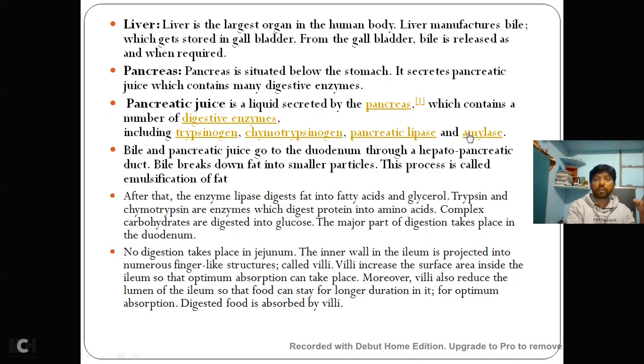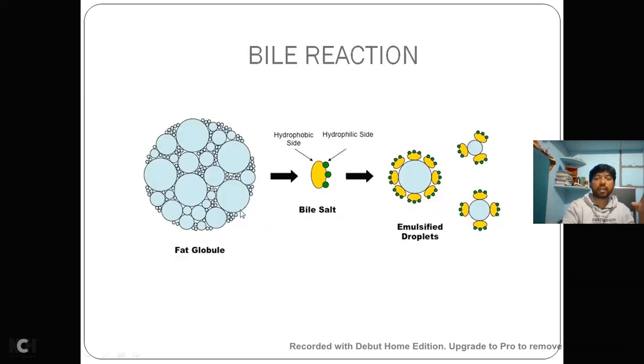Now, one more enzyme called pancreatic lipase is still there. This pancreatic lipase will act on the small fat globules, which were previously broken down by the bile.